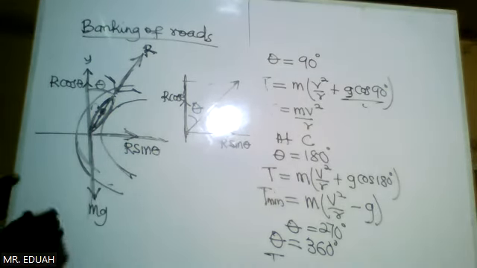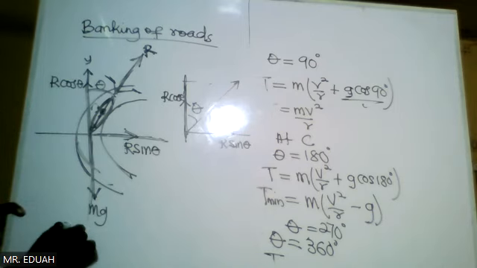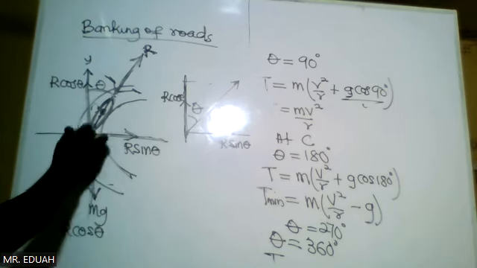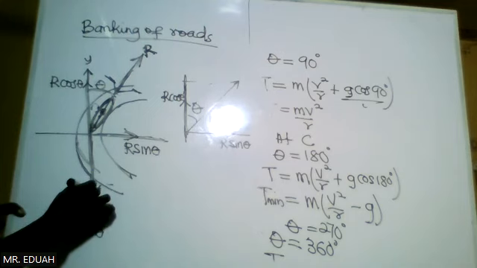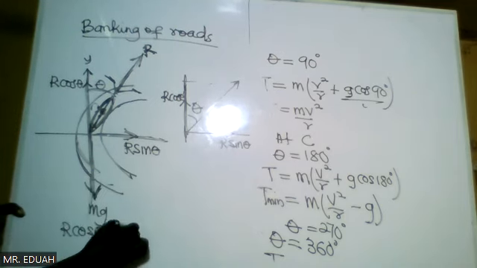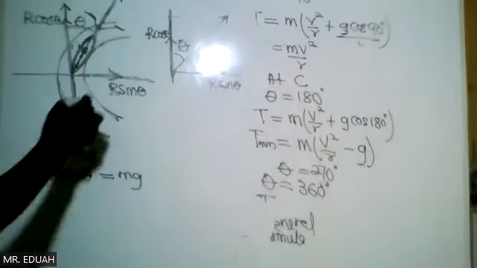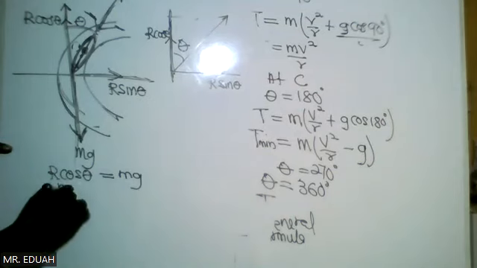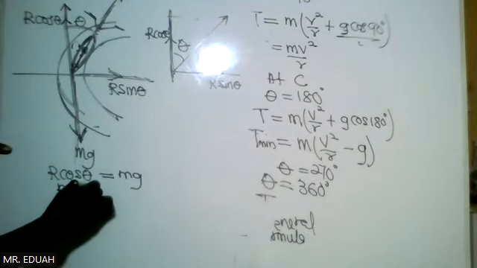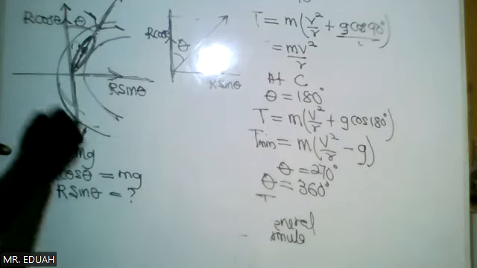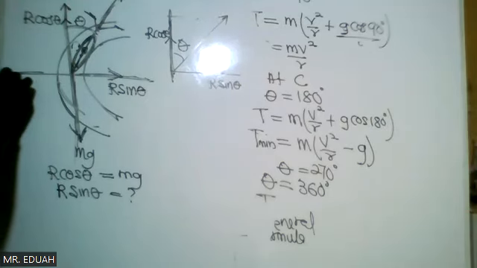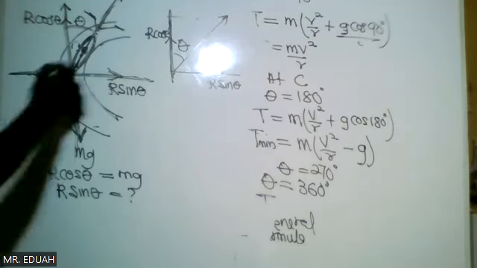So the R cos theta is balanced by the weight of the cyclist and then the cycle, mg. Then the R sin theta is unbalanced. It has no balancer at the opposite end.